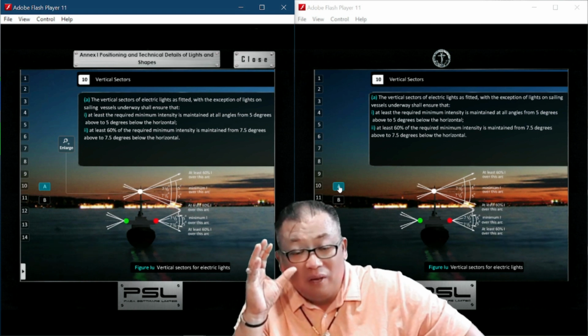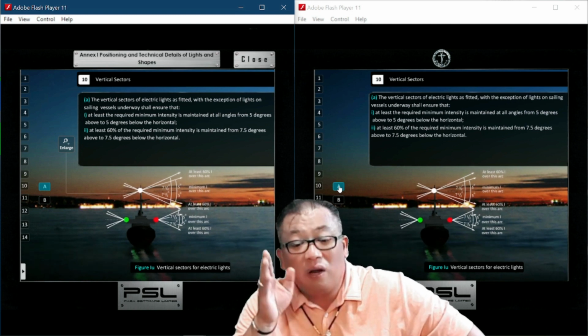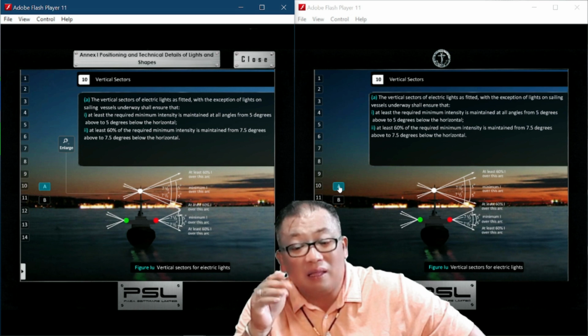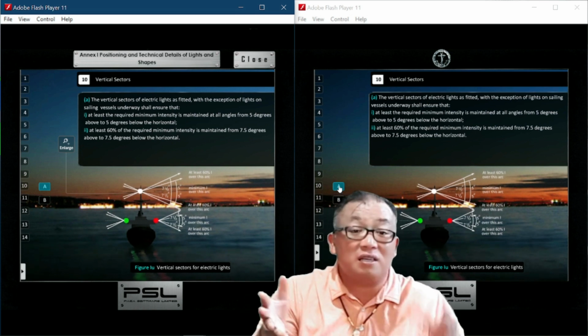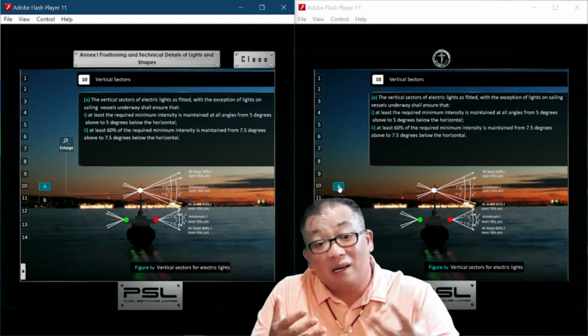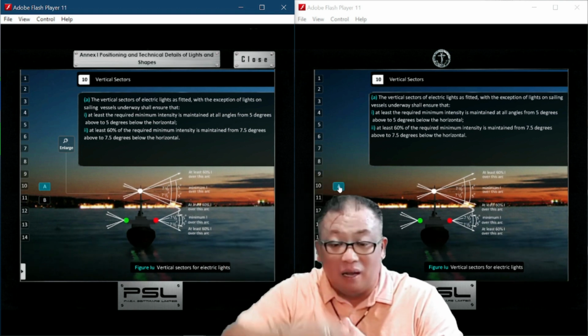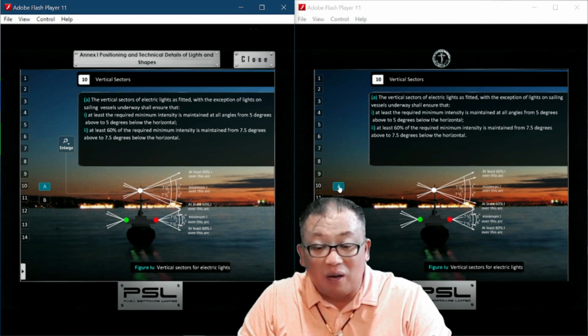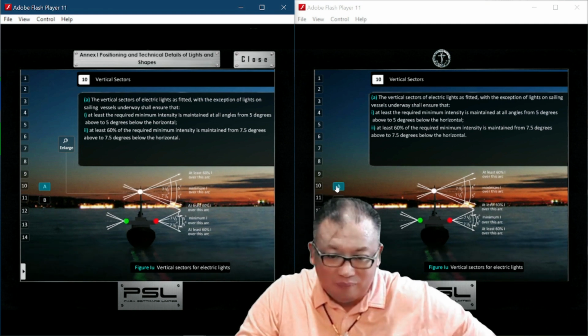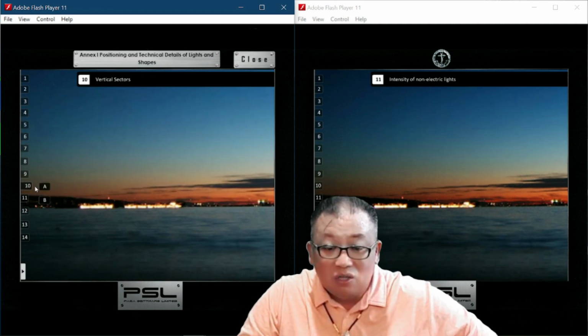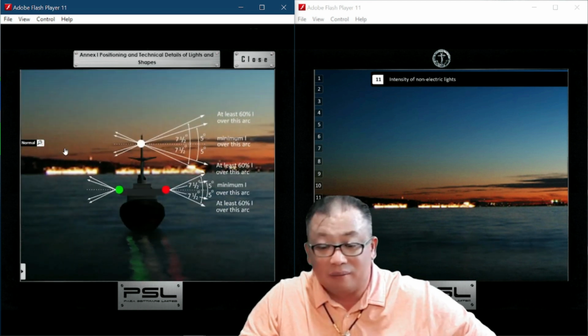So if it is fitted, the minimum intensity is maintained at all angles. This is a 2D drawing, not a 3D drawing. So it is 5 degrees above to 5 degrees below the horizontal. Let's enlarge again so that we can explain properly.